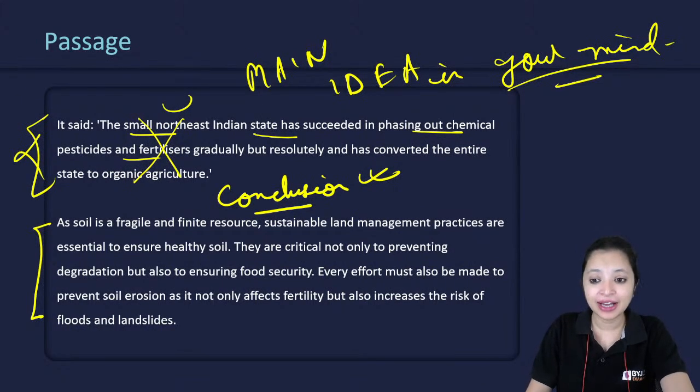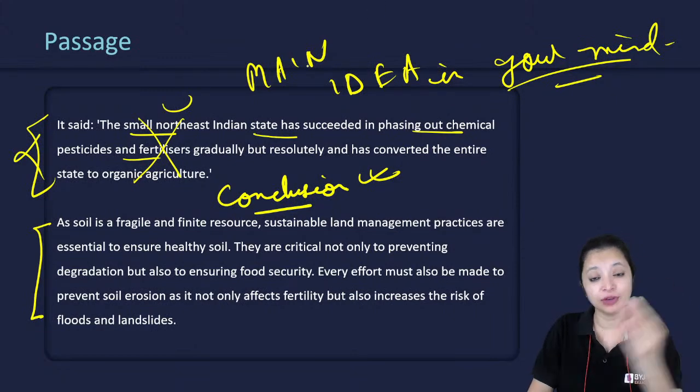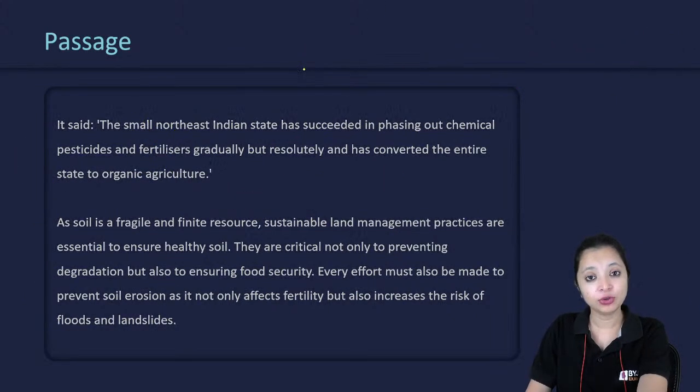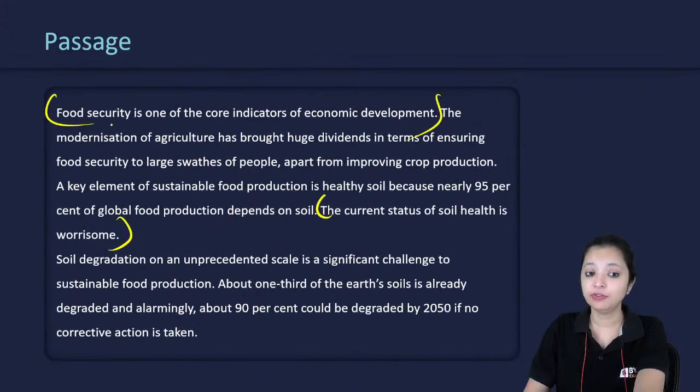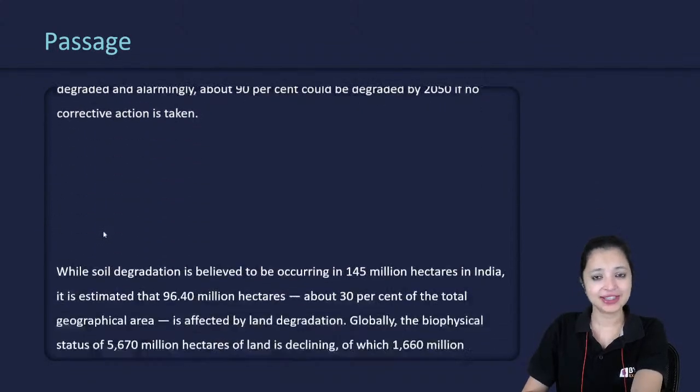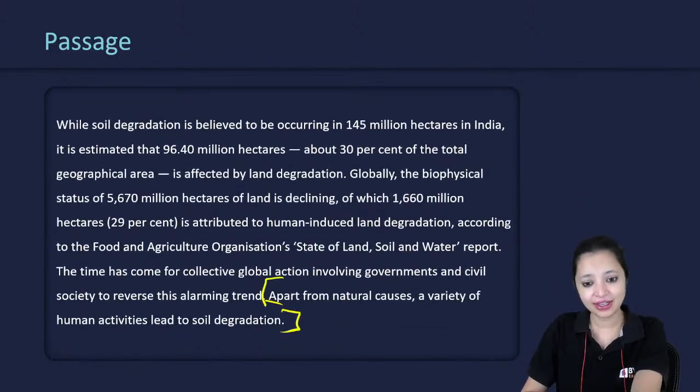Now, what was the main idea? If I link all of the lines that we've highlighted, let's go back to page number 1. What did we learn? We learned that food security is important. We learned that food security is dependent on soil, but our soil condition is in a worrisome state. It's in a bad state. And then we need to do a few things that will stop this degradation.